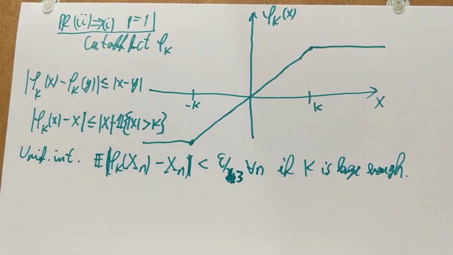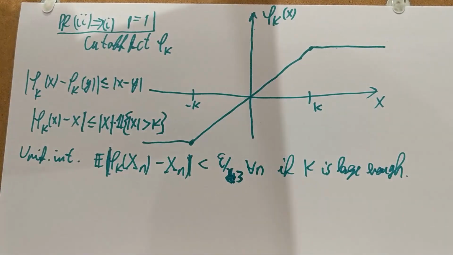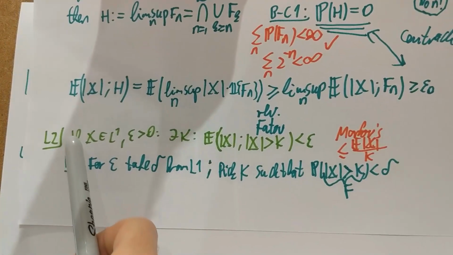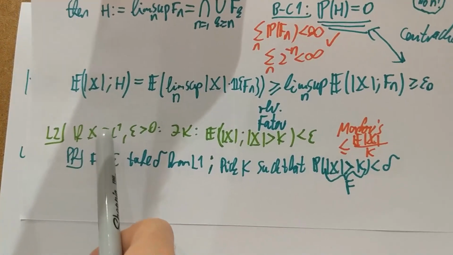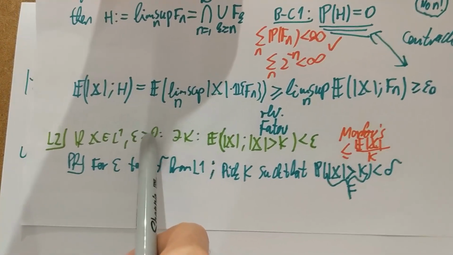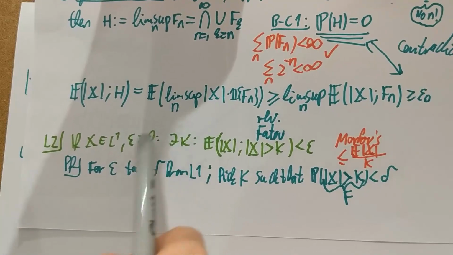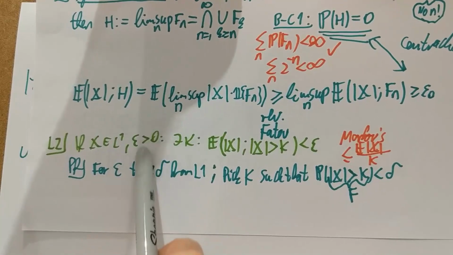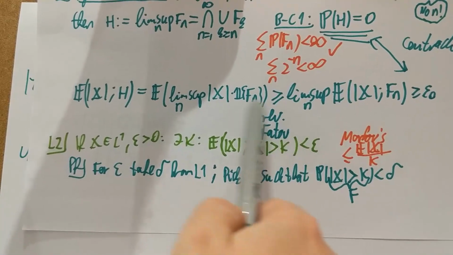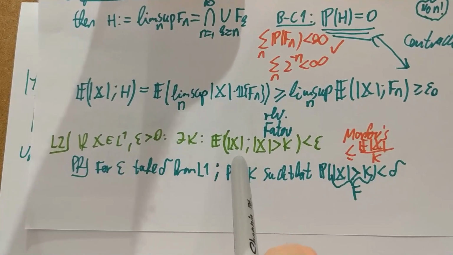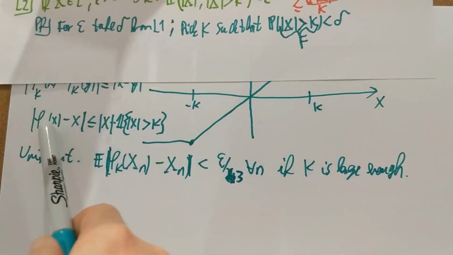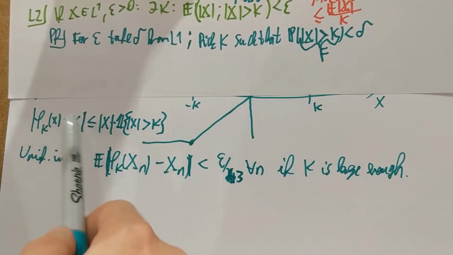Now the second observation is a lemma we had before, lemma number 2 here, which says that for any L1 random variable and every epsilon there is a k, so that I can make this expectation smaller than epsilon, and I'm going to apply this again on that function here.